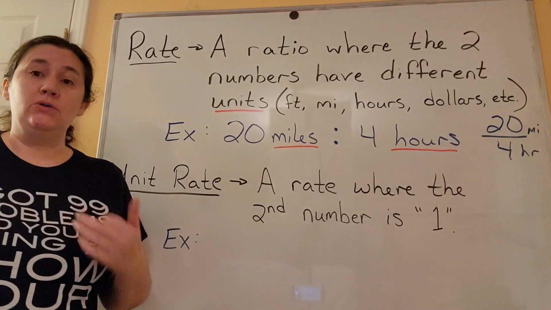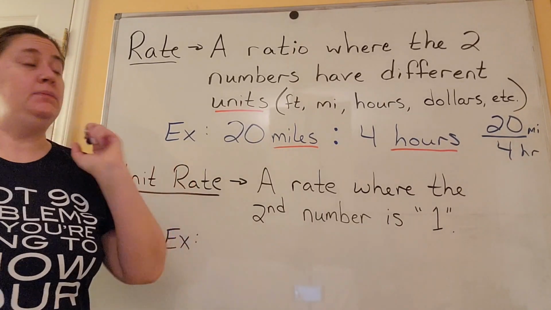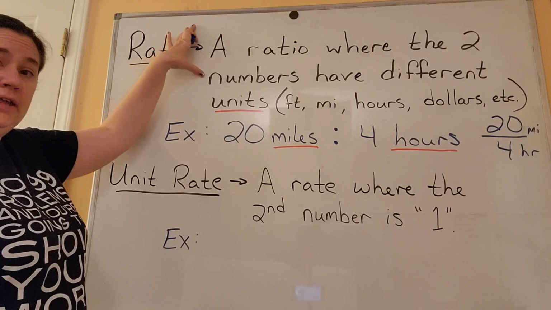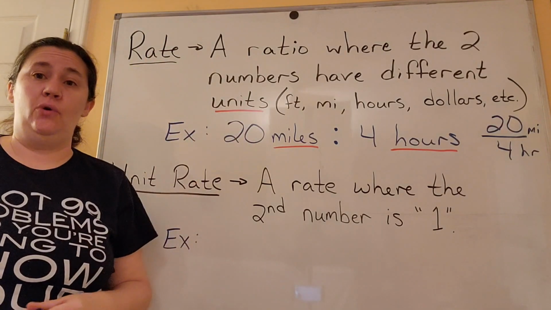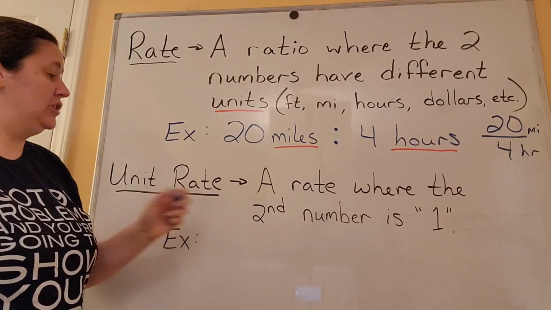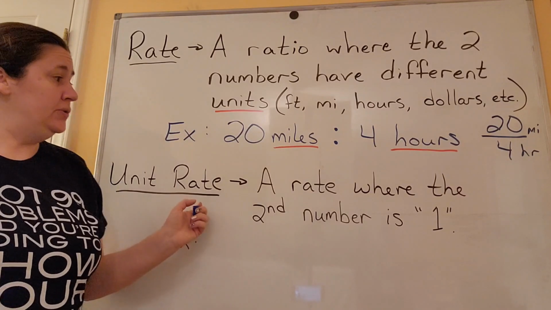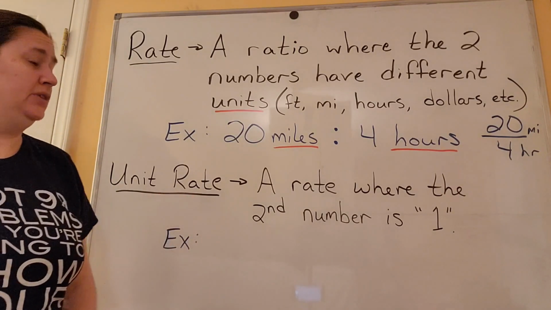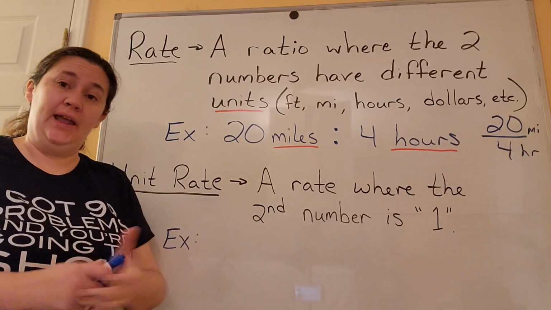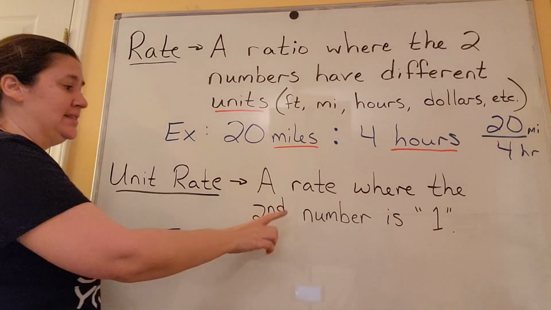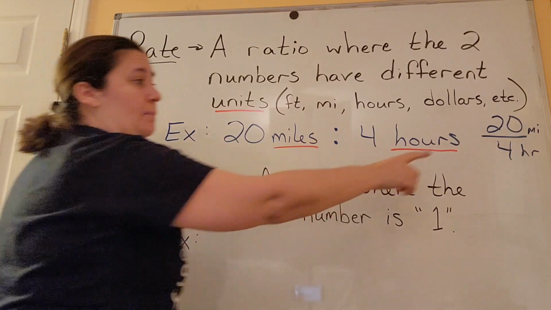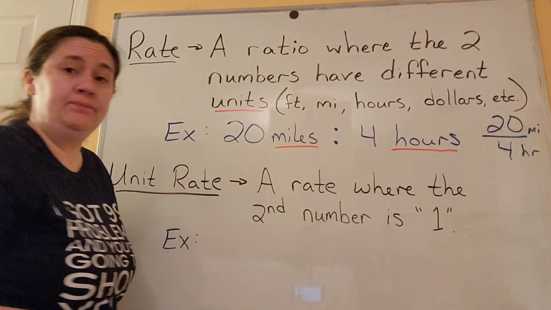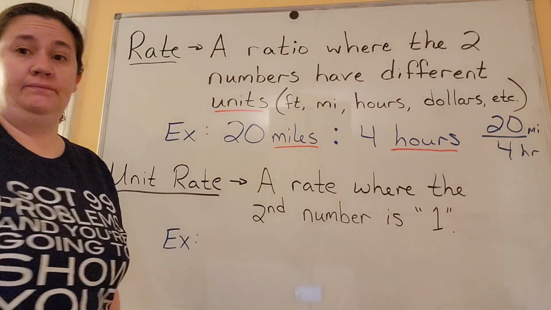What we're going to be doing mostly in class today is converting regular rates, like 20 miles in 4 hours, to what's called a unit rate. A unit rate, and I need you to write this definition down, is a special kind of rate where the second number, or the bottom number if it's a fraction, is 1.